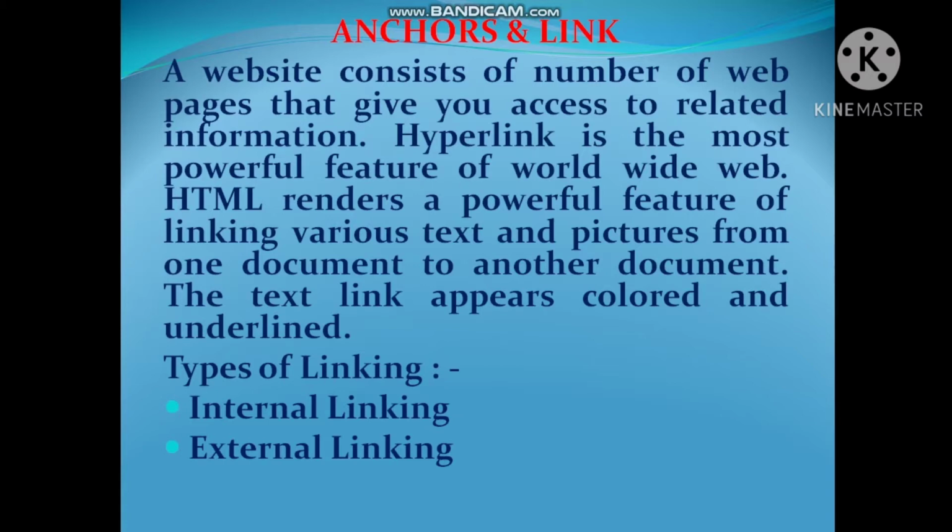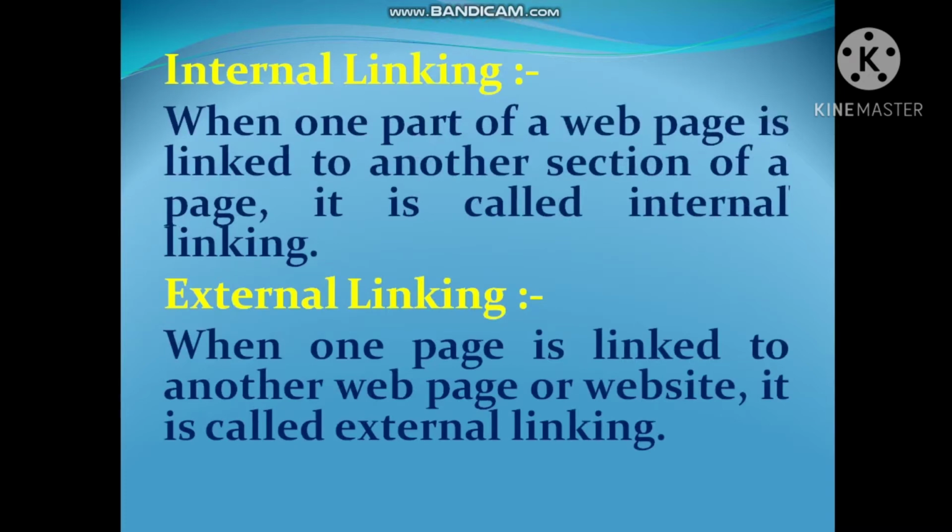Types of linking: internal linking and external linking. Now, internal linking. When one part of the web page is linked to another section of a page, it is called internal linking. That means if you want to go from one page to another page, it is called internal linking.